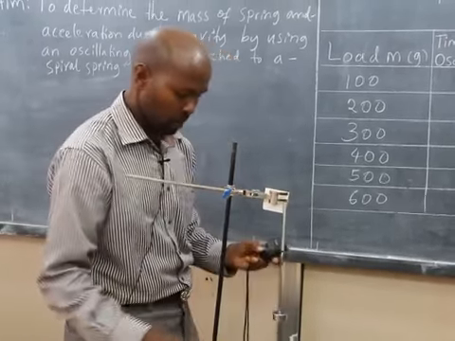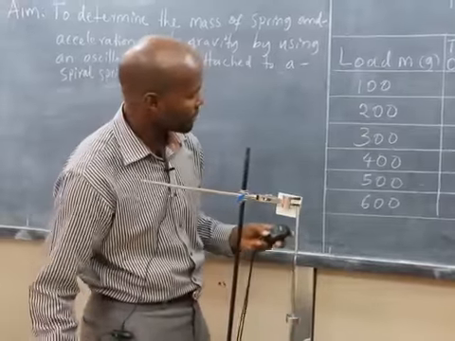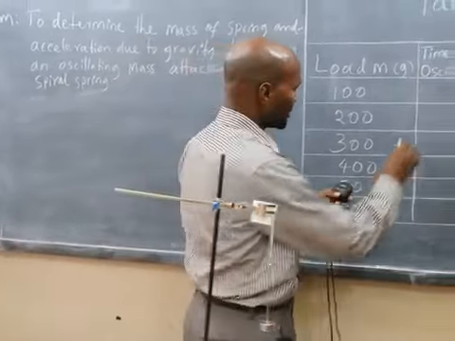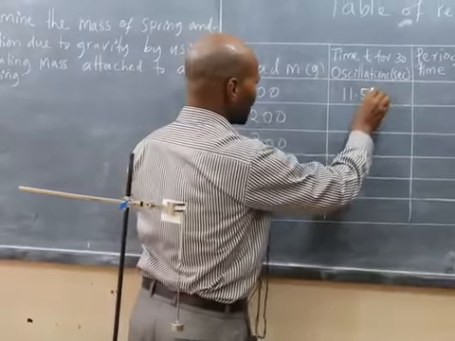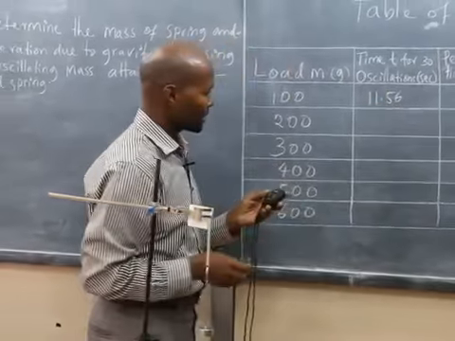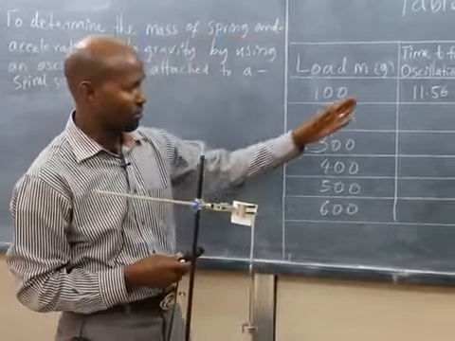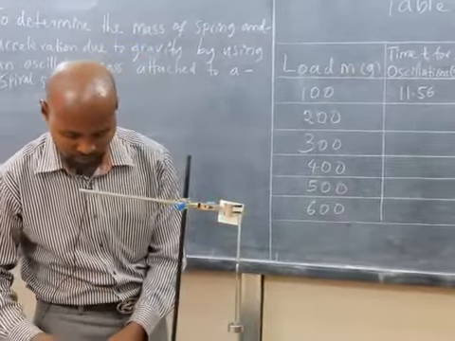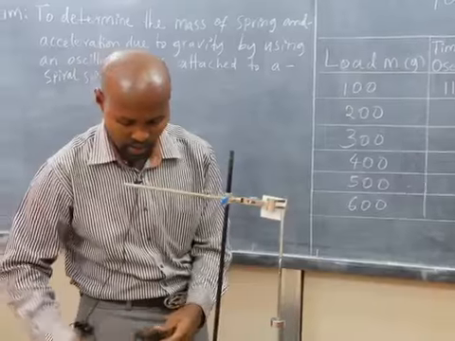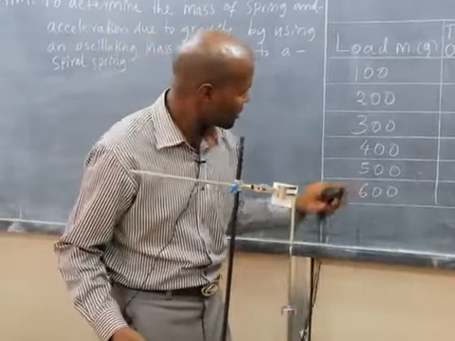According to my stopwatch, the time is now 11.56 seconds. That is the time taken for 30 complete vertical oscillations.